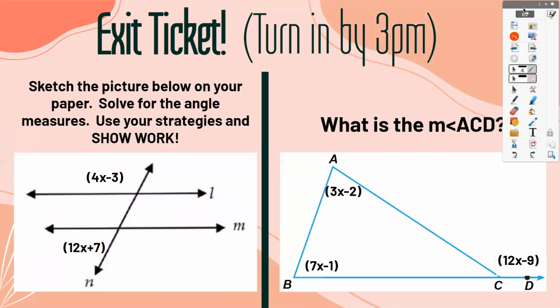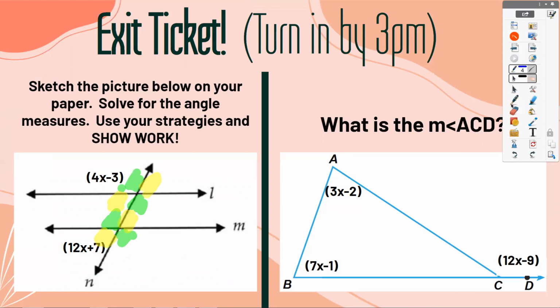Real quick, the only other one I really want to look at is this. I'm not going to solve them, but I want to make sure you set them up correctly. If I look at the one on the left, and this is an exit ticket I made up today, the first thing I want to do is start by color coding, just like we have been doing. So I'm going to color code my obtuse, color code my acute.